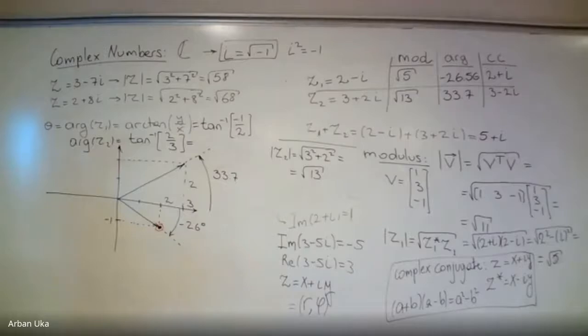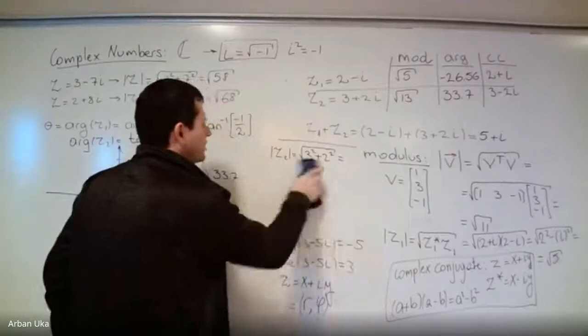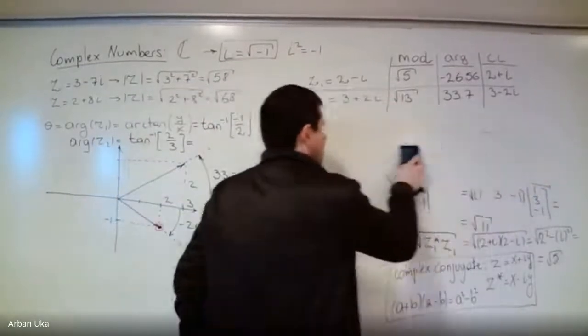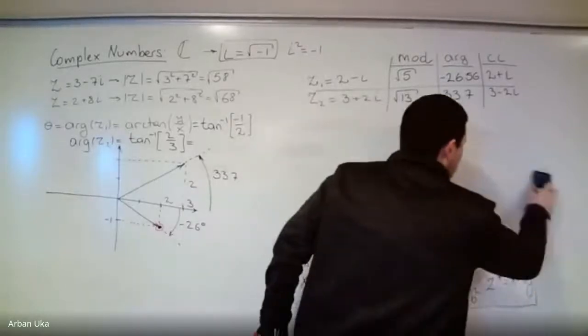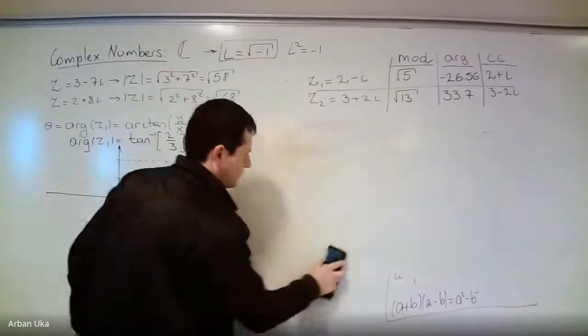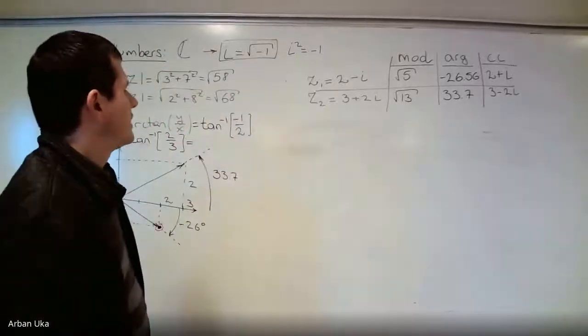That's good. And now we need to define the multiplication between any two complex numbers. So we learned about the addition, the modulus, the argument, so the multiplication.